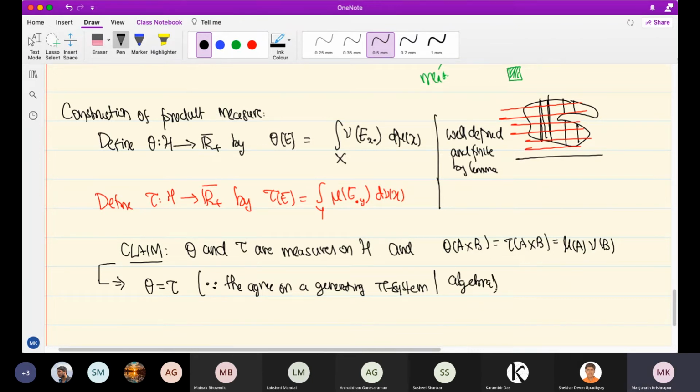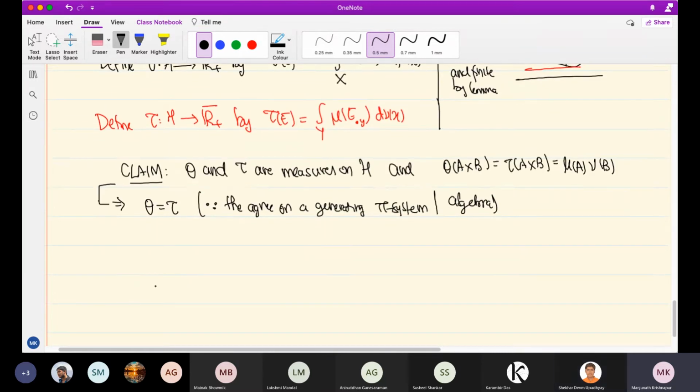You can put it either way. If you do not remember the pi lambda theorem and what a pi system is, go to algebra. If they agree on rectangles, they agree on the algebra generated by rectangles, because that consists of finite disjoint unions. So if theta and tau agree on the algebra, they have to agree on the sigma algebra.